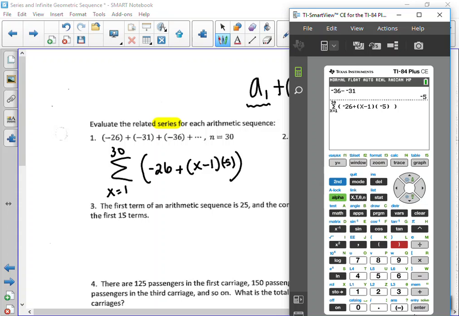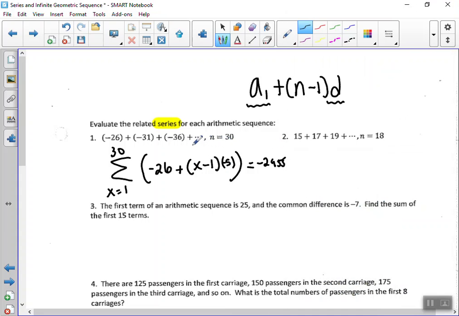And then you hit enter. The answer to this problem is negative 29.55. Basically what we did was we only have 3 numbers here, but we actually want 30 numbers. So it found all of the 27 other numbers and then added them all up and gave you the answer in like 1 second. Okay?